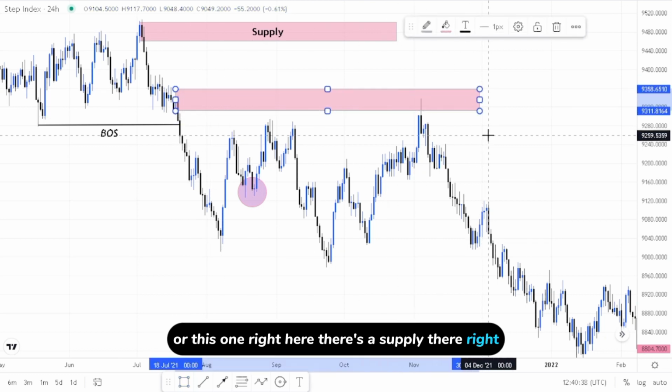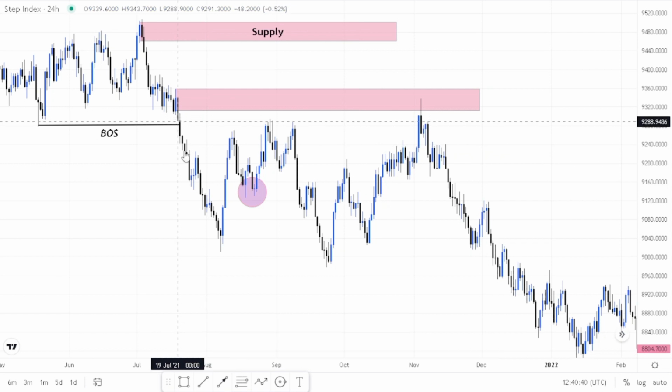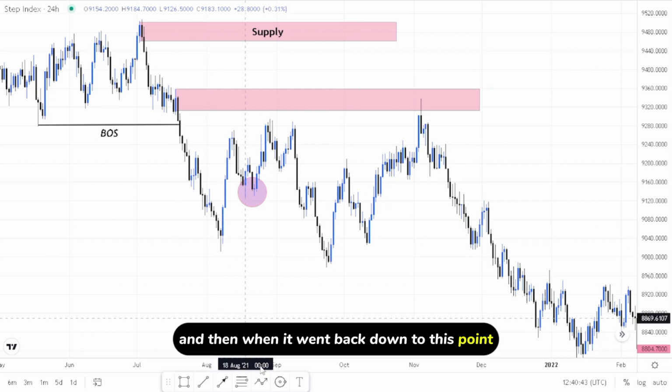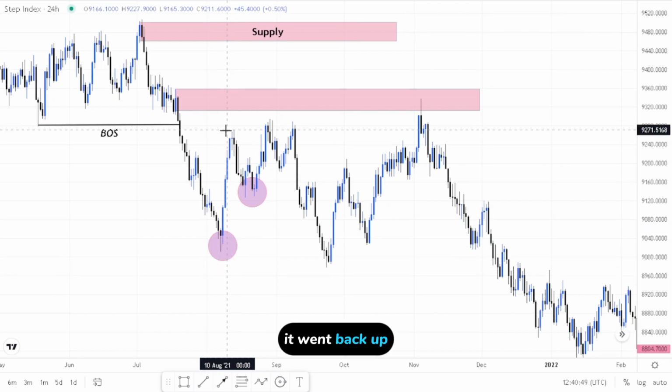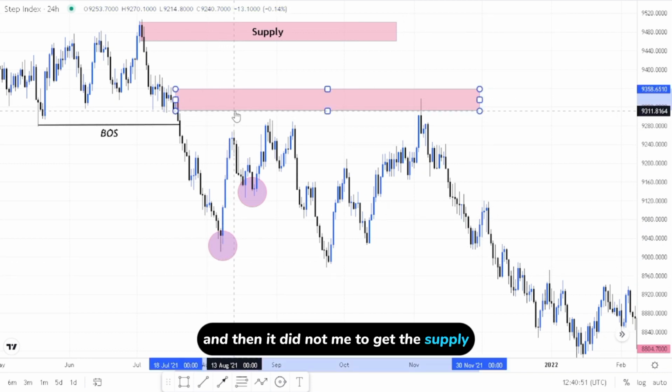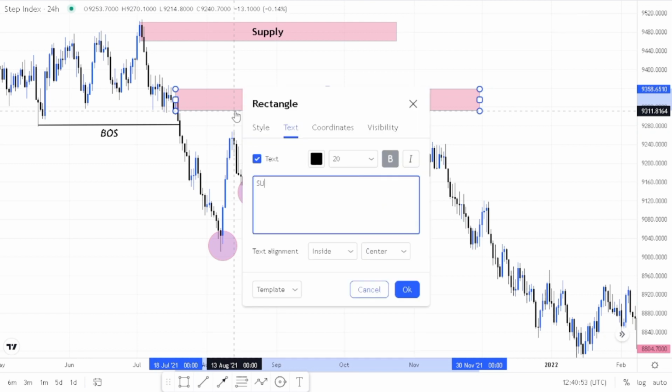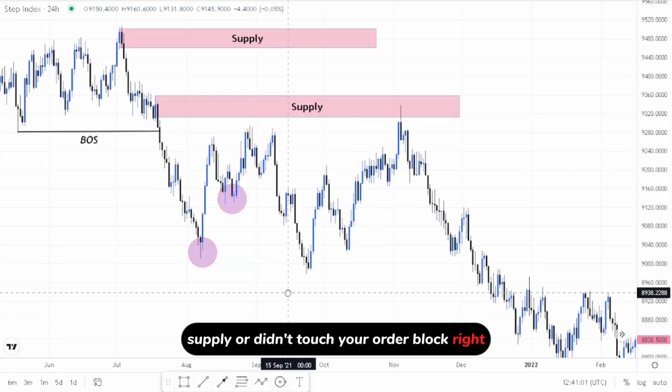There's a supply there, right? And then when it went back down to this point, it went back up, and then it did not mitigate the supply. The supply did not touch our order block, right?